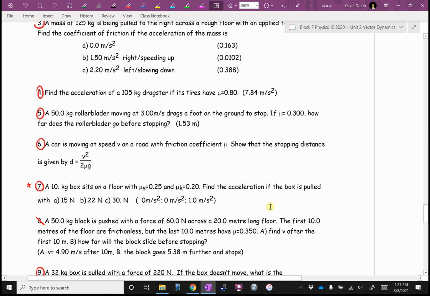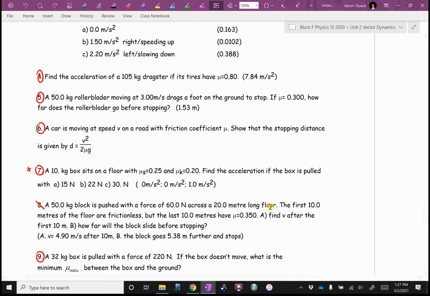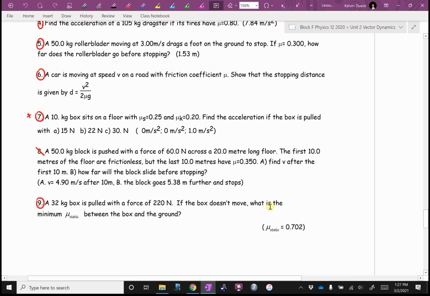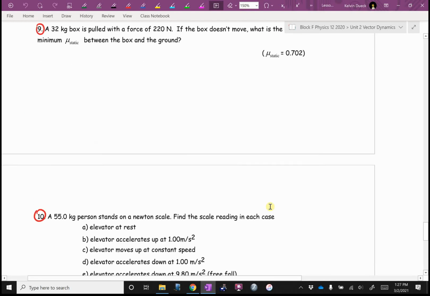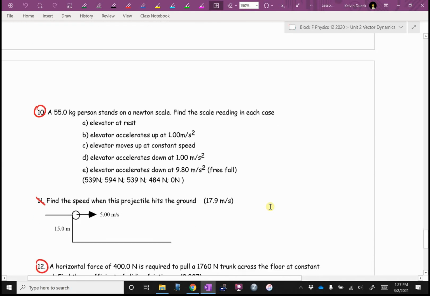The star means I'm not going to ask you that on a test. This is the example that has a static coefficient of friction and a kinetic coefficient of friction, like the question we just finished. I'll do one in the homework, but I'm not going to throw it on the test. You can skip 8. 9 is good, or as I like to say, yeah, 9. Okay? That's what I said. 10 is good.